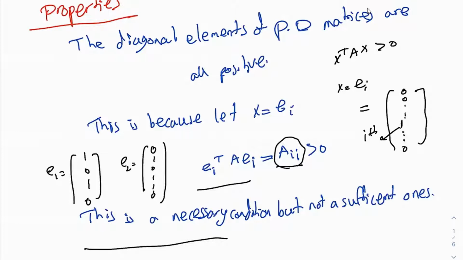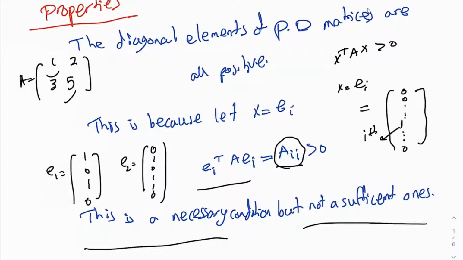But if all elements on the main diagonal are positive, it doesn't mean that the matrix is positive definite, so it's not a sufficient condition. For example, consider A to be 1, 2, 3, 5. This is not a positive definite matrix, but all the elements on the main diagonal are positive. So positive diagonal elements don't mean that a matrix is positive definite.